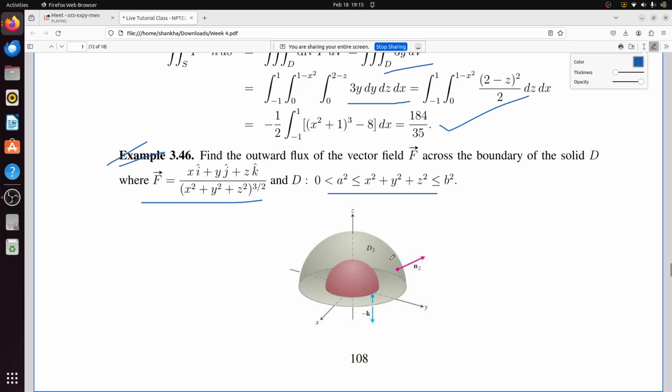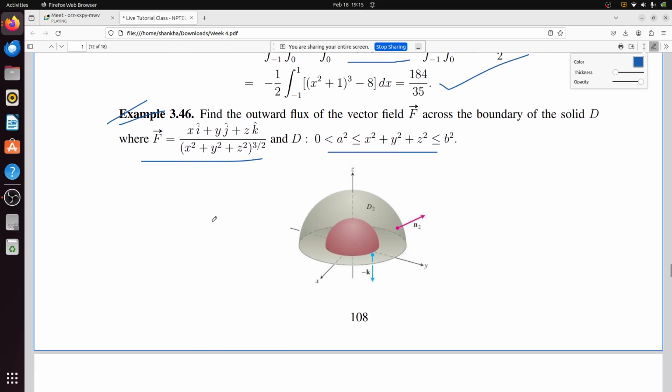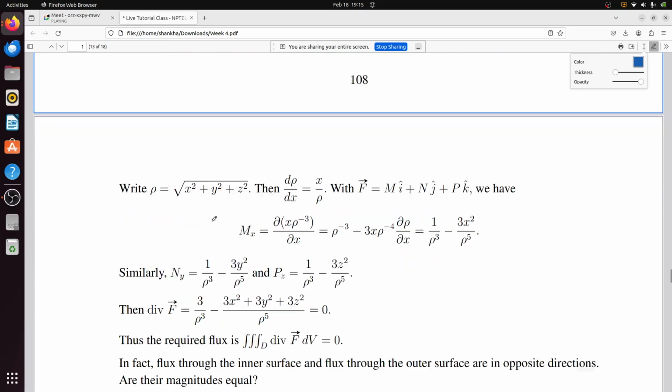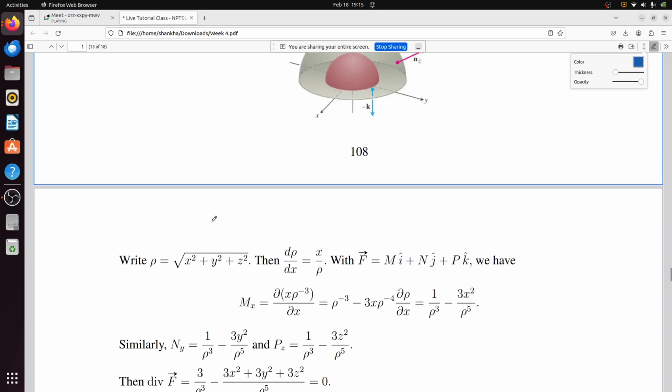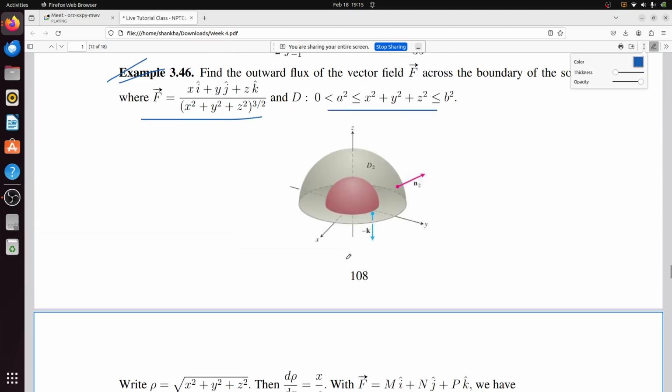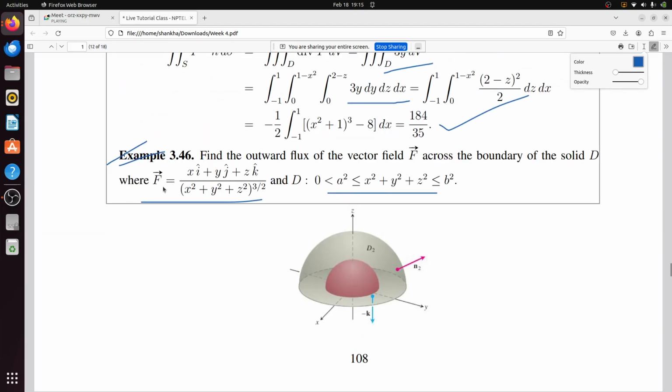In between, this volume is there, so you simply use the Gauss divergence theorem. Whatever is used here, you can also utilize the parametric form. Your F is given, you use the parametric form, and you can also prove this.